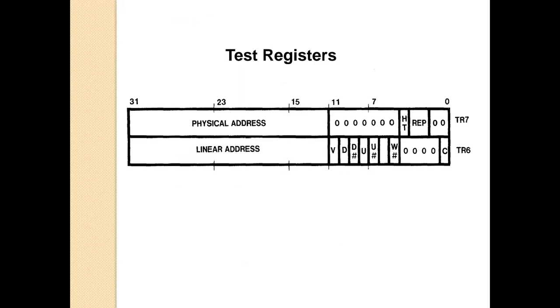The physical address is bits 11 to 31, whereas the linear address is also bits 11 to 31. Then the HT bits in TR7.